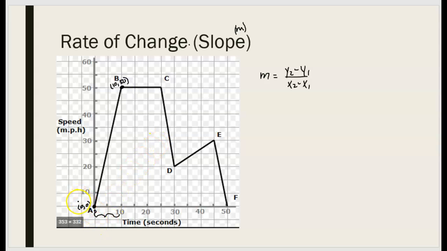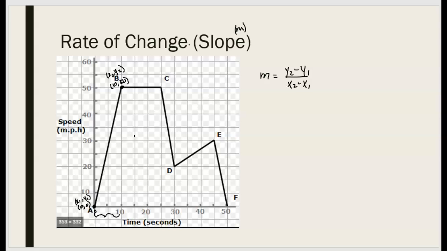So here's the thing. When you're looking at your first point, we can call that first point x1, y1, because every ordered pair consists of an x and a y. So this second one at point B is also an x and a y, but we're going to consider this to be our second point. So we're going to call that x2, y2. So think about the ones and the twos, meaning your first point and your second point.